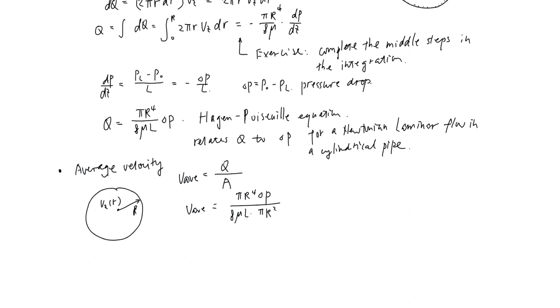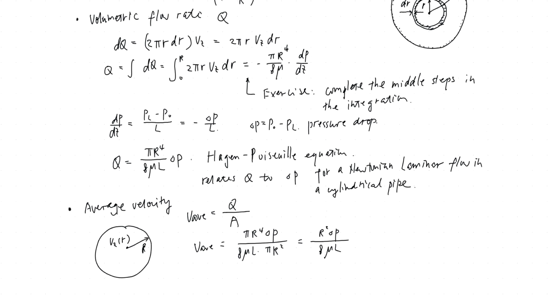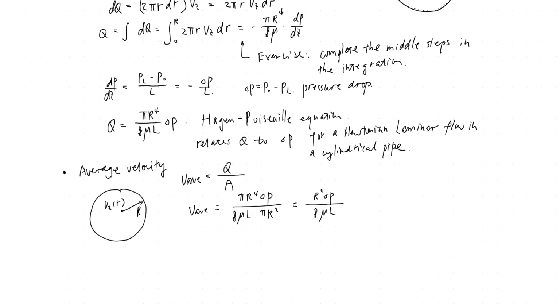So it gives us R squared delta P divided by 8 mu L. And if you compare it with the maximum velocity we just derived, you will find that it happens to be 1/2 V maximum. This is just because of the parabolic feature and for this cylindrical geometry.